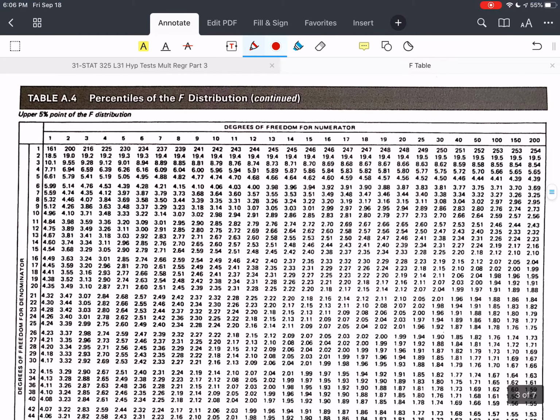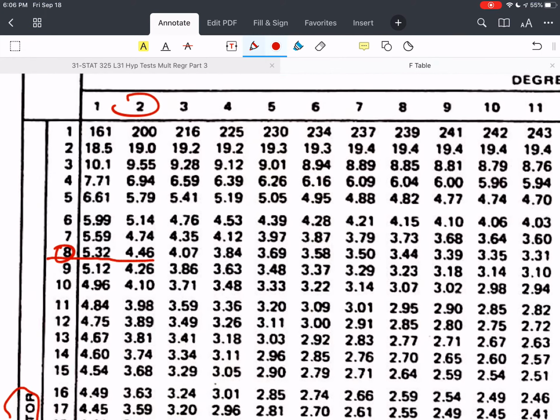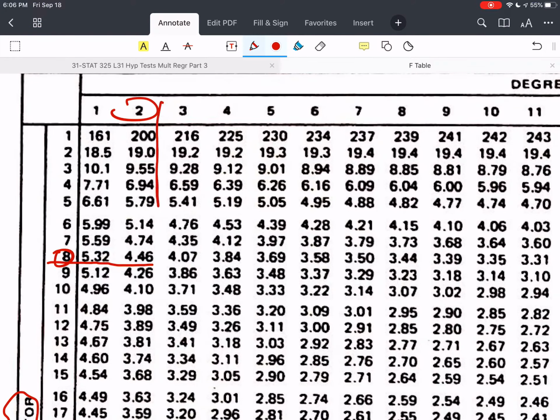There we go. Upper 5%. I have 2 degrees of freedom in the numerator. This is the numerator. This is the denominator. So it was 2 and 8. And so I'm going to zoom in here so I can see. And sure enough, 4.46 is the critical value.